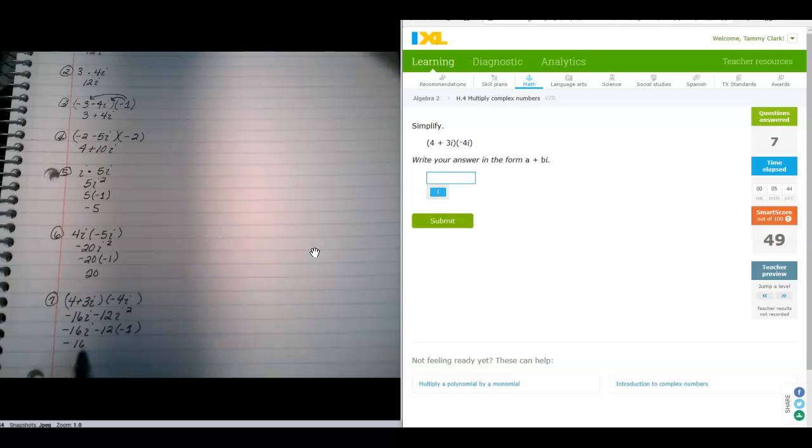So that's negative 16i, negative 12 times negative 1 is positive 12. So our answer would be in a plus bi form, because that's what they ask us to write it in. 12, that's positive, so the positive sign goes with the 12, minus the negative sign goes with the 16i. So this would be our answer.